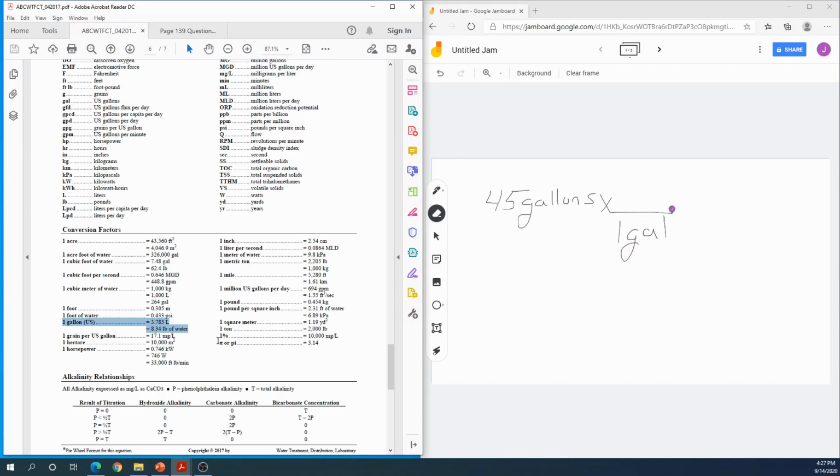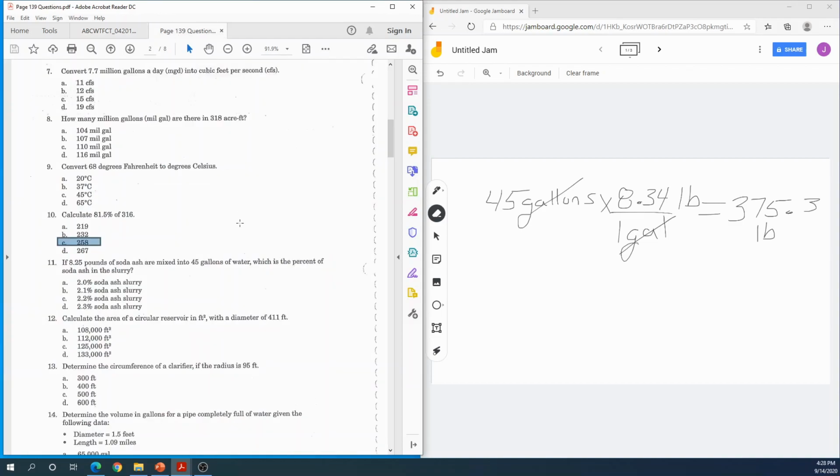So in 1 gallon, there's 8.34 pounds. Gallons are going to cancel gallons. And this equals 375.3 pounds of water. So now I want to know, what is the percent of soda ash in the slurry?